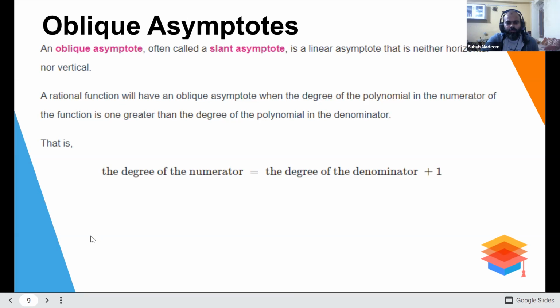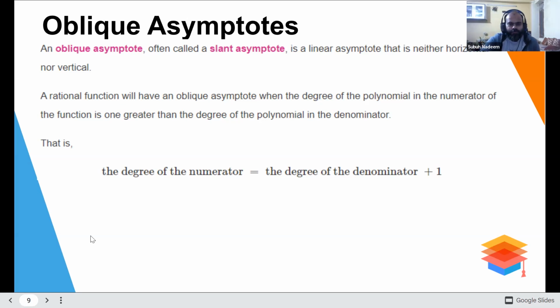An oblique asymptote, often called a slant asymptote, is a linear asymptote that is neither horizontal nor vertical. A rational function will have an oblique asymptote when the degree of the polynomial in the numerator of the function is 1 greater than the degree of the polynomial in the denominator.